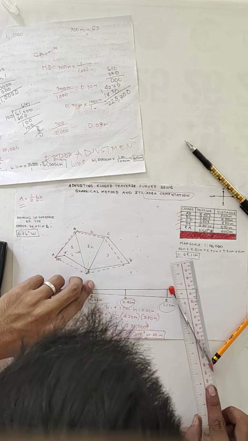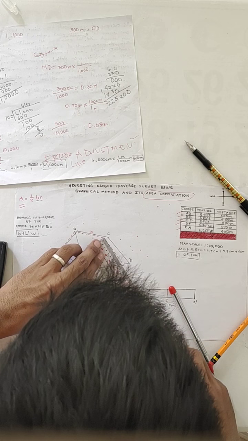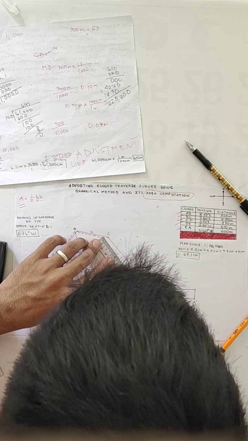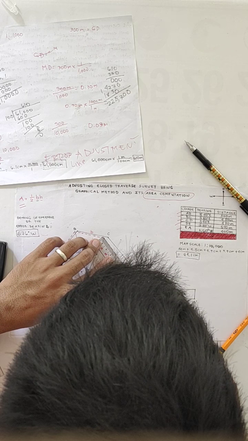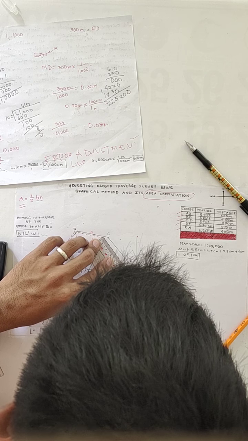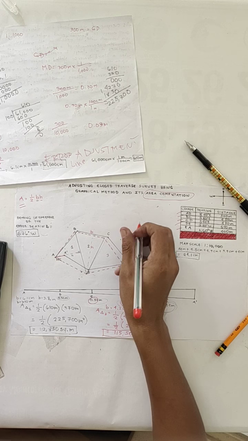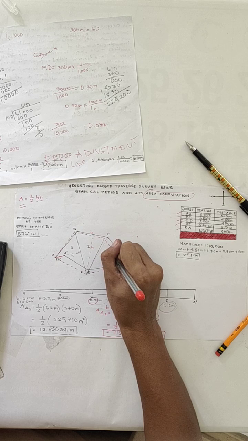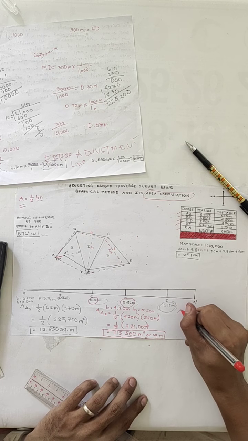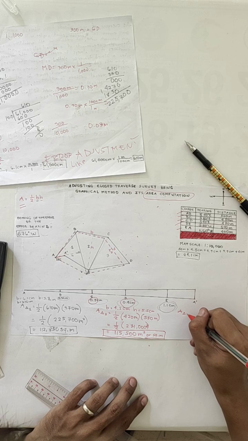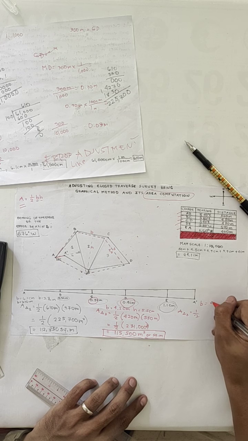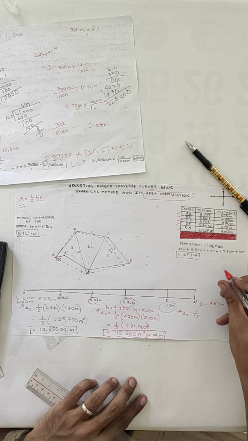So next, here, we'll make it as a base. 4.8, this will be our base. So the area of triangle 3, base is 4.8 cm.